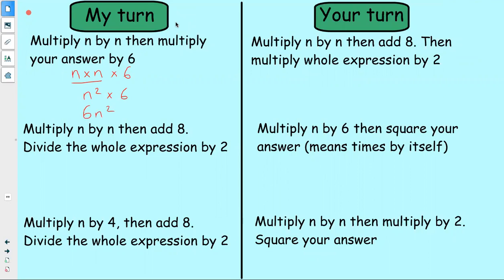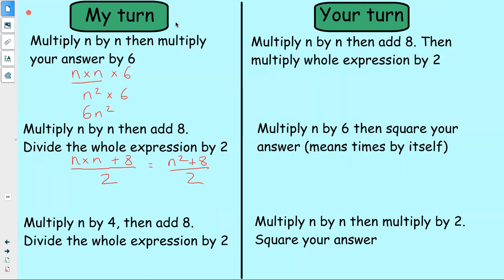Next one, multiply n by n, and then add 8. Divide the whole expression by 2. Okay, now I can write that nicer. It would be n squared plus 8, all divided by 2.